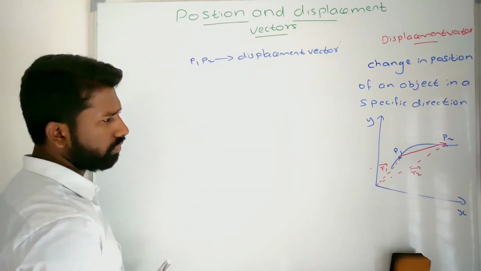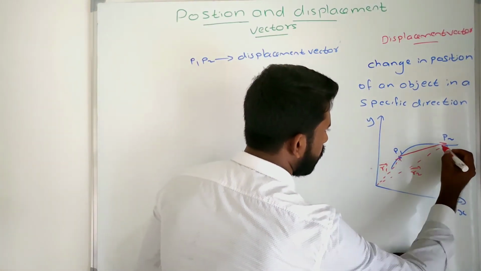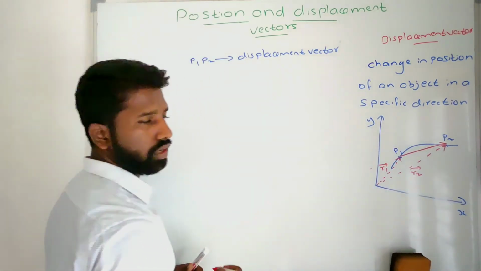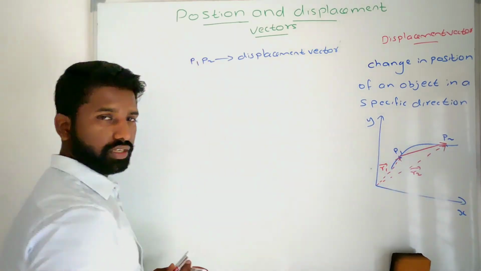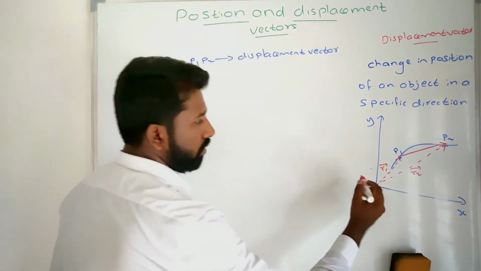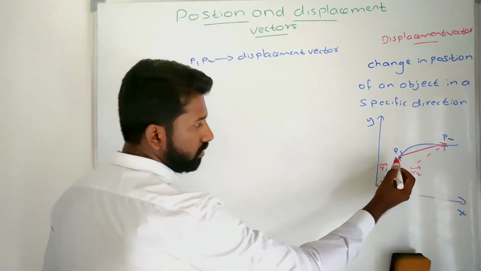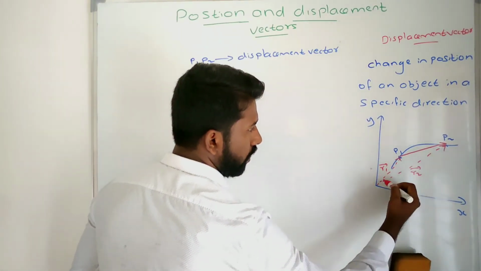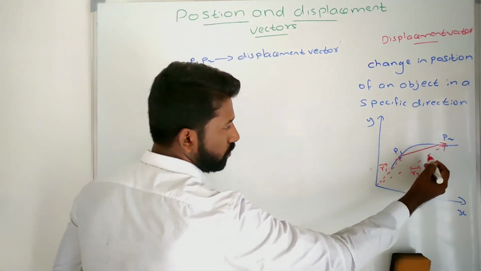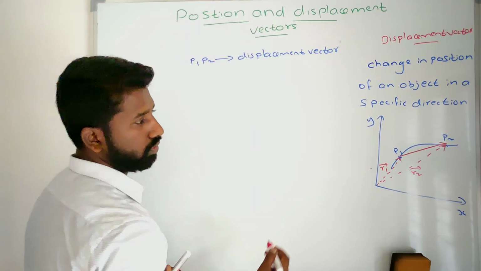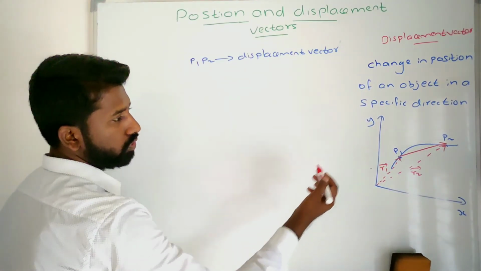Now you see this. The position vector of P1 is R1 and the position vector of P2 is R2. Based on the triangular law of vector addition, R1 and P1P2 are the adjacent sides of a triangle in the same order, and R2 is the resultant, because it is the third side in the opposite order.